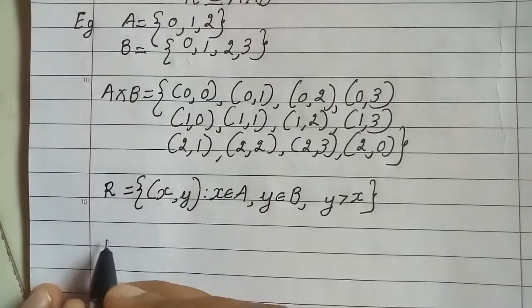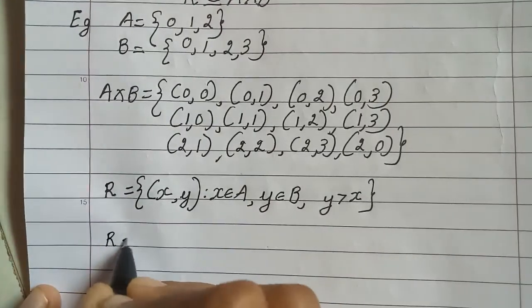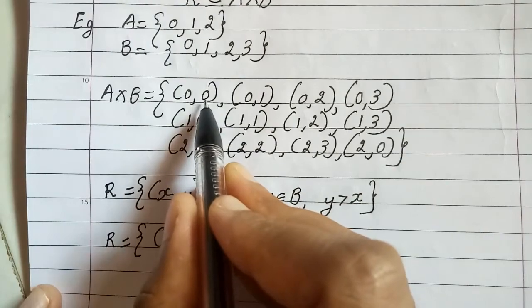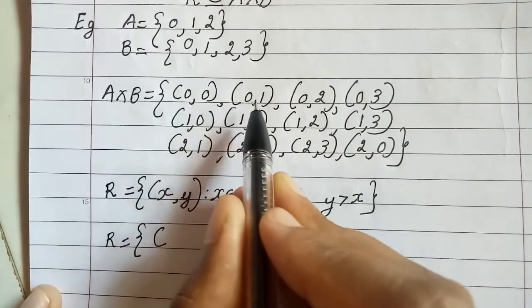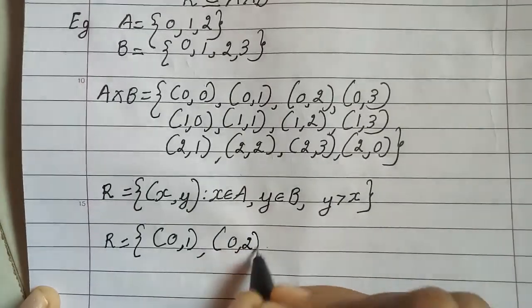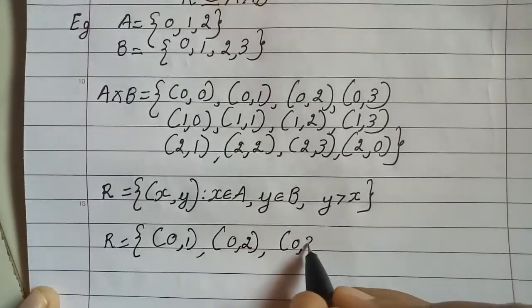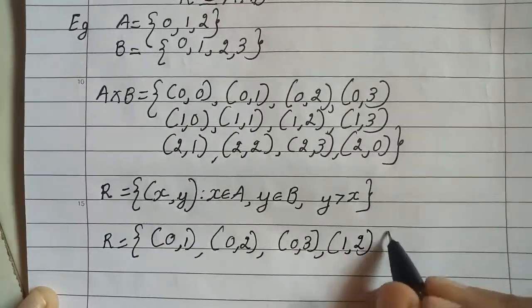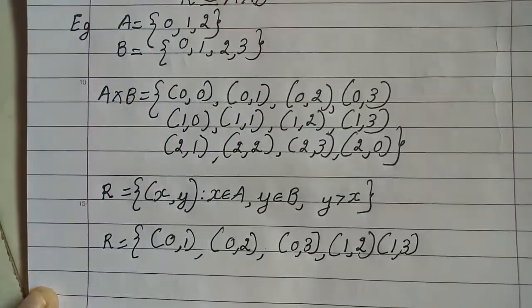What all elements will come here, children? If I try to write the elements of R, (0, 0) will not come because the second element is smaller. So I will have (0, 1), second element is greater. I will have (0, 2), (0, 3), (1, 2) and (1, 3), the second element is greater in each.